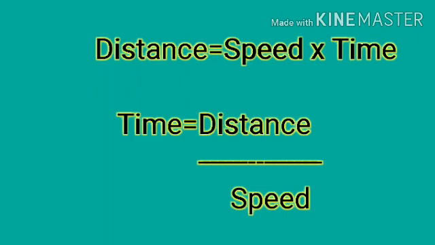That is, distance is equal to speed into time. Next one, if you want to calculate the time, you want to divide, that is distance divided by speed. That is, time is equal to distance by speed. So these three relations you want to keep in your memory very properly.